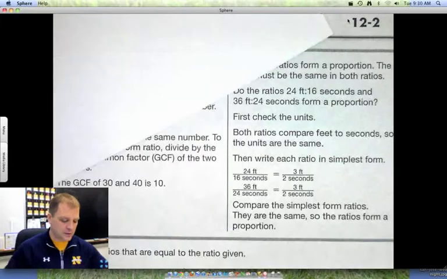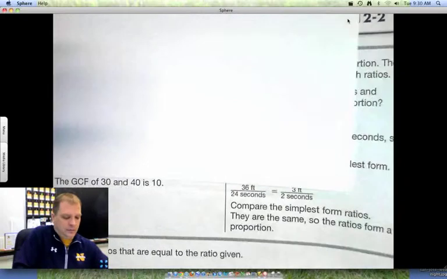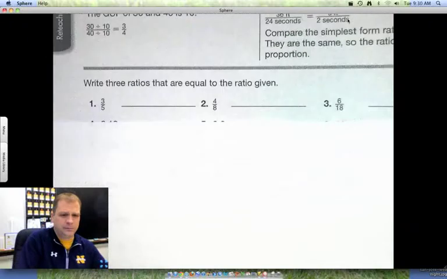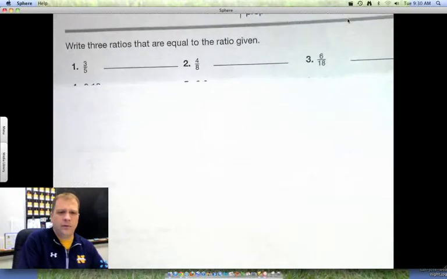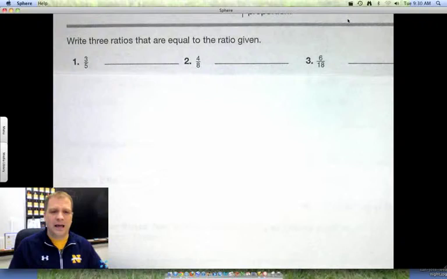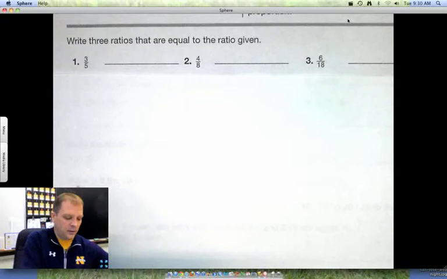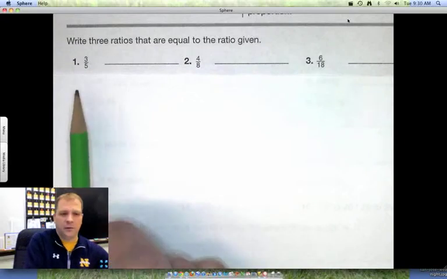Let's take a look at several of the problems down here below. Write three ratios that are equal to the ratio given. The first one is 3/5. And again, when you see a ratio written as a fraction, think of it as trying to find an equivalent fraction. And in order to find an equivalent fraction, we multiply the numerator and denominator by the same value other than 0. So we can multiply 3 and 5 both by 2.